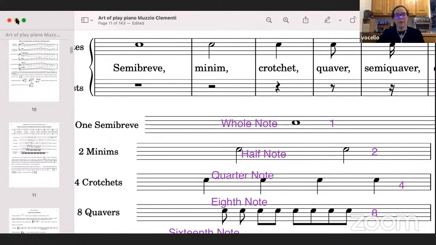So now when you say the name of the notes, we say it within each octave: C4, B3, A3, C4, D4, E4, F4, G4, and so on.